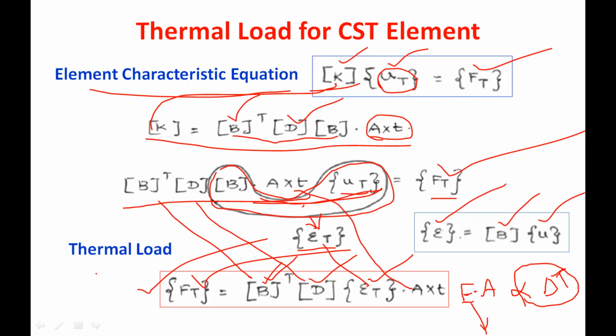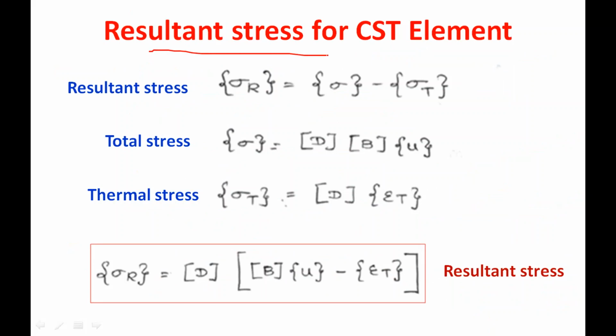Now we have evaluated the thermal load expression for the temperature change in a CST element. Next we will see how to get the resultant stress. Resultant stress for a CST element which is subjected to both structural load as well as thermal load, that is temperature change. The resultant stress expression which we already discussed in the one dimensional problem, the same expression we are using in terms of matrix form.